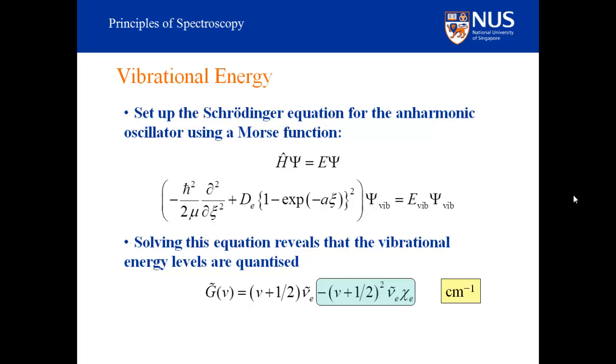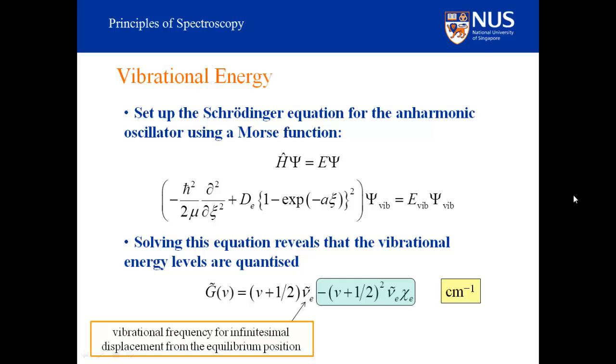I should point out, however, that nu0 is the frequency of the photon absorbed when the molecule goes from v equals 0 to v equals 1. We will see later what the relationship is between nu0 and nu e. So this is the equilibrium vibrational frequency around the equilibrium position.